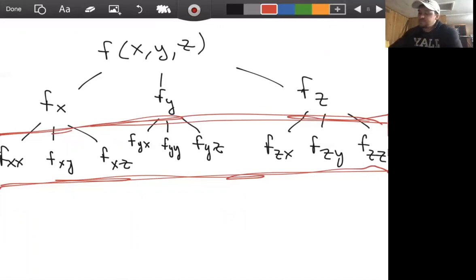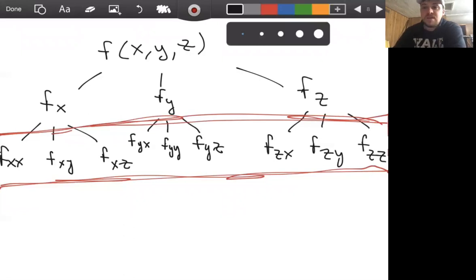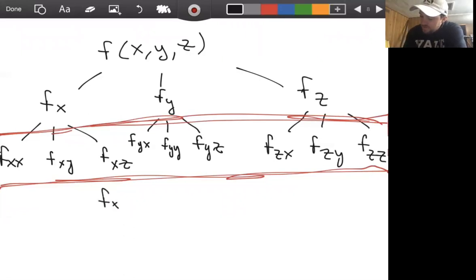And this goes for as many times as the function is differentiable, this keeps going, right? So if you had f sub xx, then there are third order partial derivatives: f sub xxx, the explicit third order partial derivative, and then f sub xxy, and f sub xxz, right?